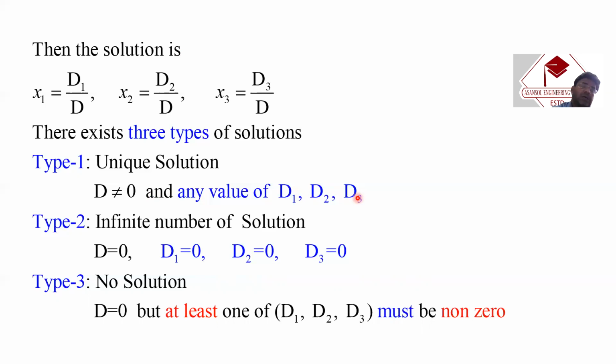So it is clear, D plays an important role in Cramer's rule. Be careful about this. Now type 2: infinite number of solutions. How to decide? In that case, D must be equal to 0, and you can't conclude that there are infinite solutions yet.